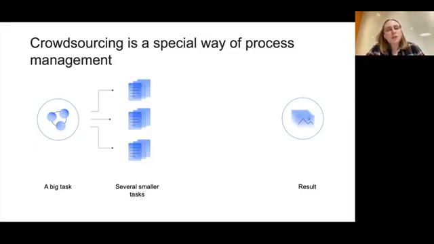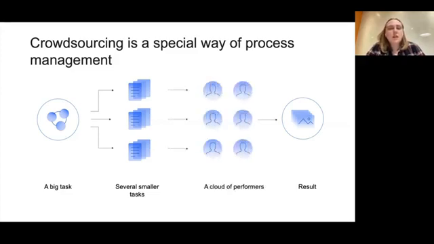But once you divide this task into several smaller tasks, it is already possible that anybody can do it. And then you send these tasks to a crowd of performers. Of course, you control them, you check how well they work, and there are special ways to do this, and I will speak about them a bit later. And then at the end, you get the results.